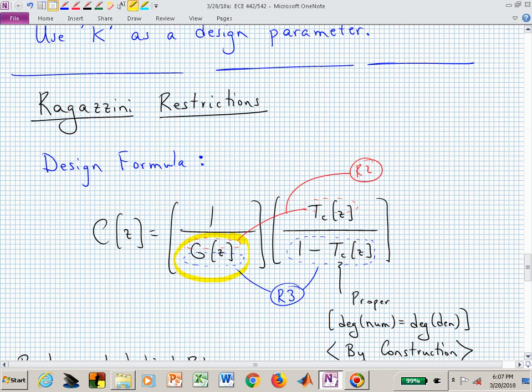Well, I now cannot have that in the denominator of my controller, c of z, and a way to avoid that is to put that same factor in the numerator of t sub c of z. If it's in the numerator of t sub c of z, that factor is going to cancel that numerator factor in the denominator of g of z. I would just plug in some expressions and make sure it's clear in your head.